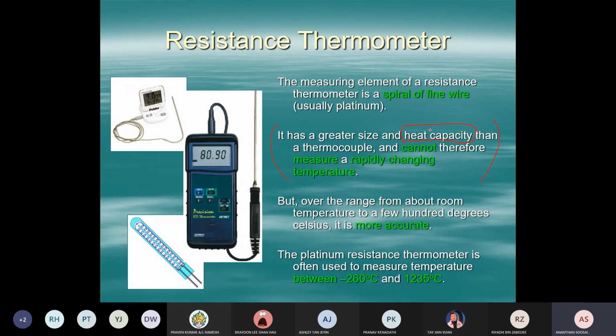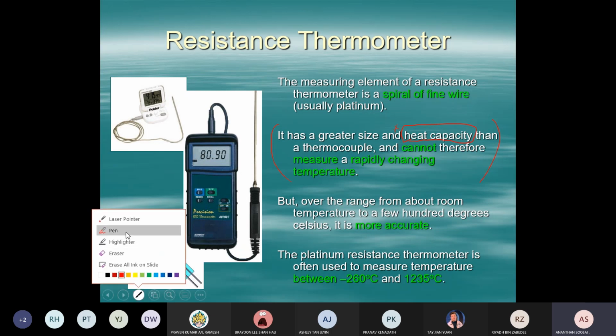We haven't learned about heat capacity yet in A levels. We'll be learning that in topic 5, two topics ahead. But I believe you learned specific heat capacity in O levels. It's about the same as heat capacity. If the thermometer has a very big heat capacity, what is the disadvantage?